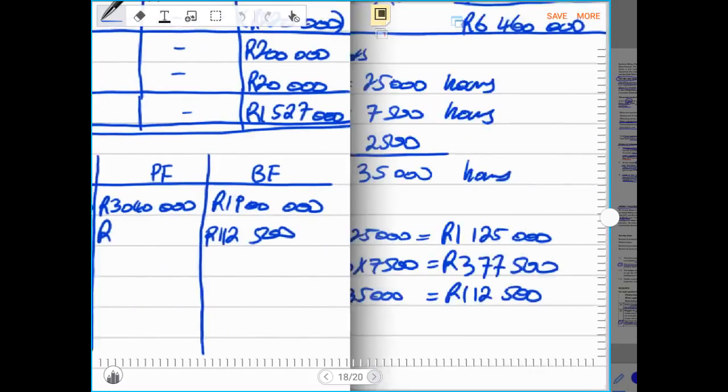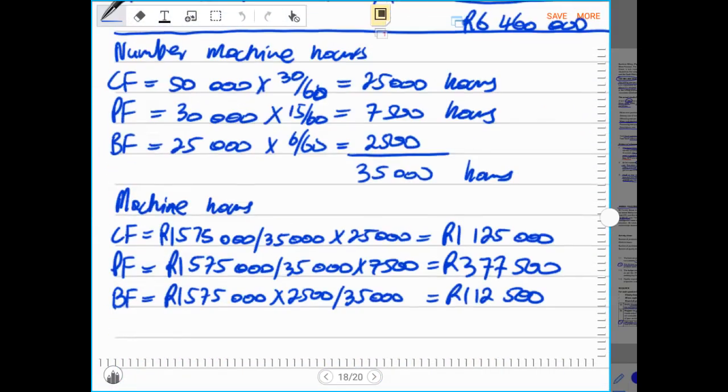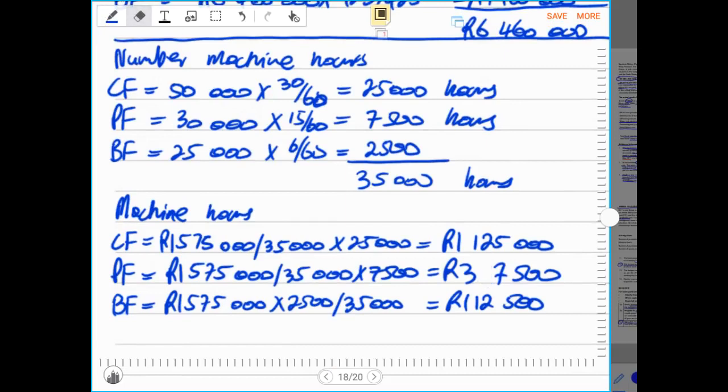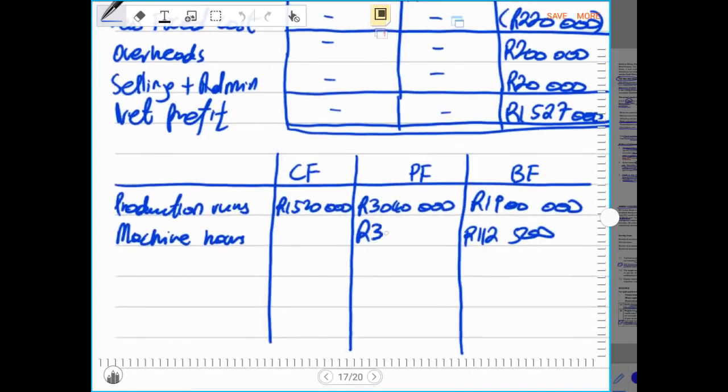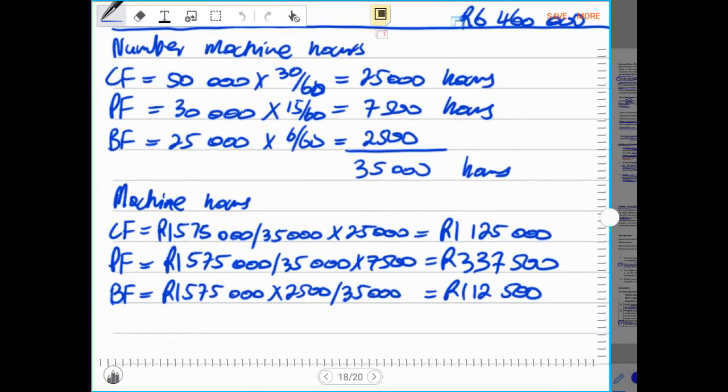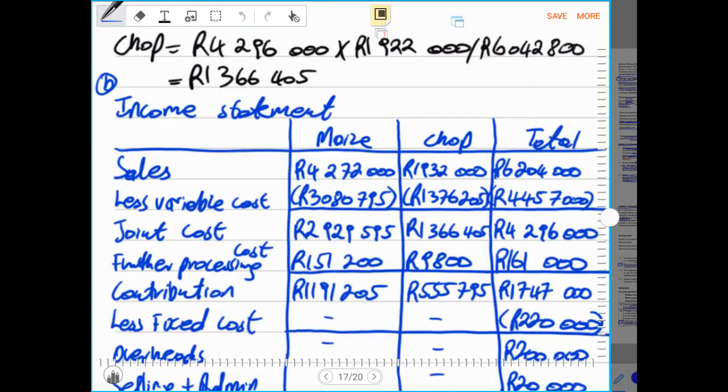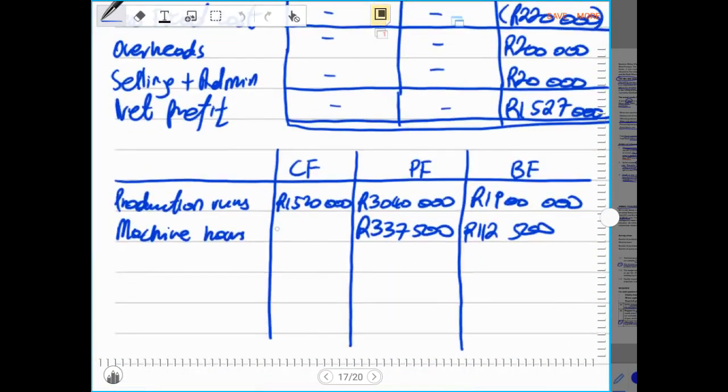The second one was 337,500. The last one, 1,125,000.